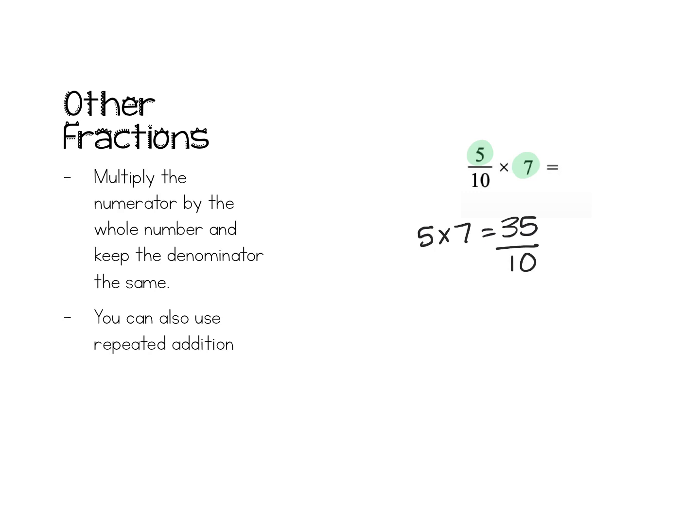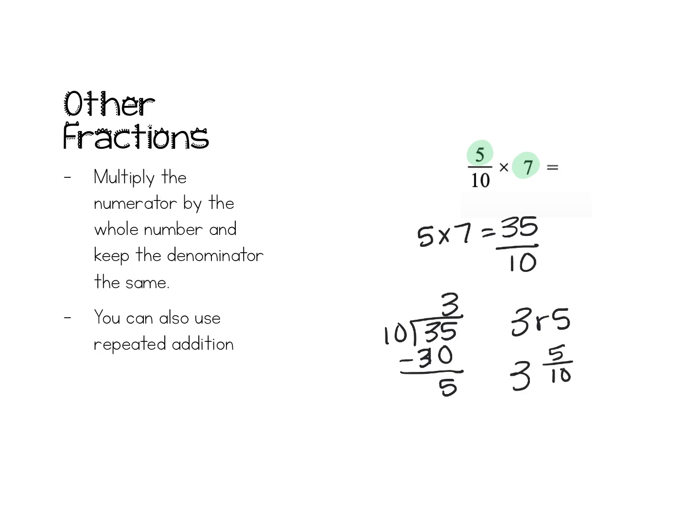If it's an improper fraction, you can change it to a mixed number, and you can also simplify the fraction. So 35 divided by 10. I know that 10 can fit into 35 3 times. 3 times 10 is 30. So I get 3, remainder 5, or 3 and 5/10.